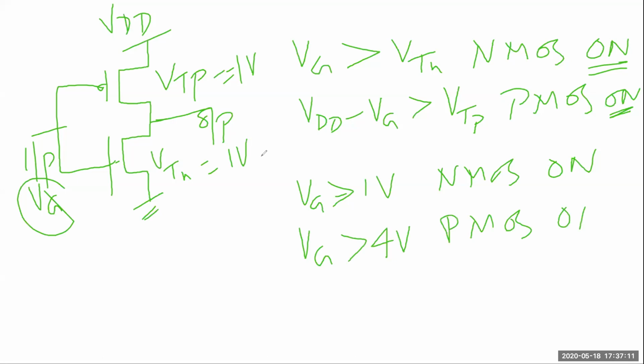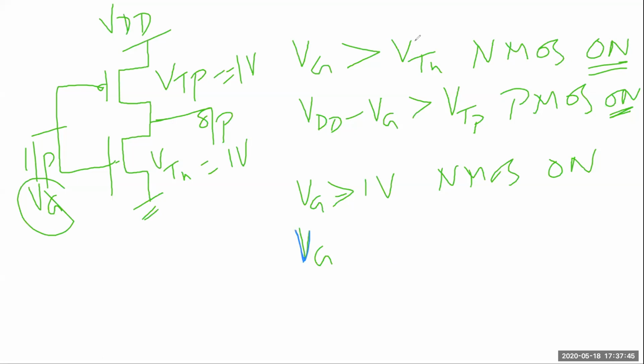VGS, it is 1. Okay, I became confused. So when there is 1 volt, NMOS is on, and PMOS is going to be on when I have this thing.